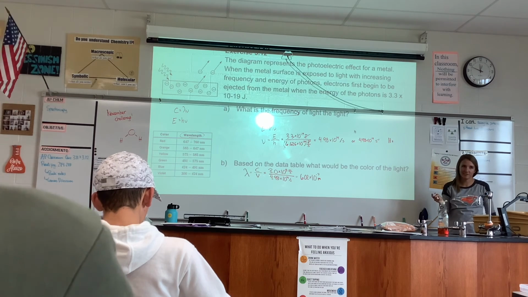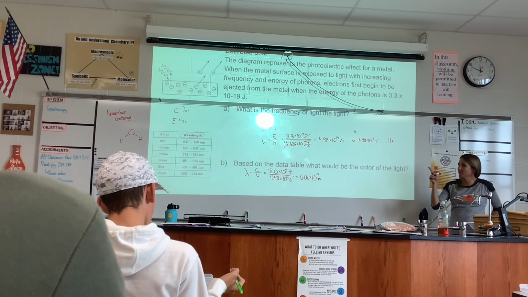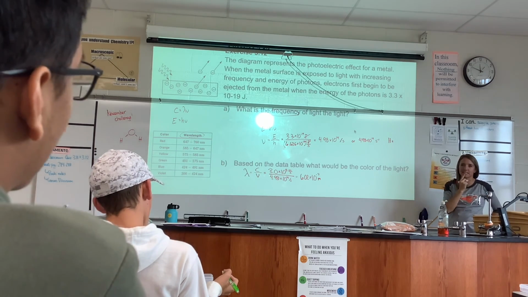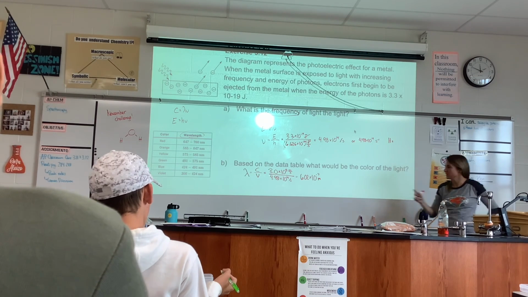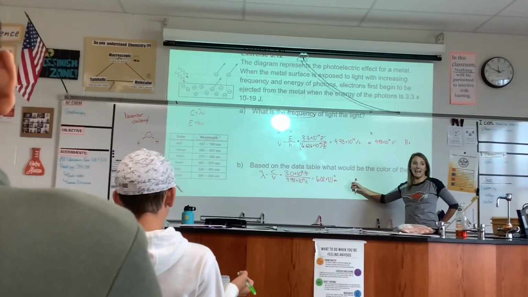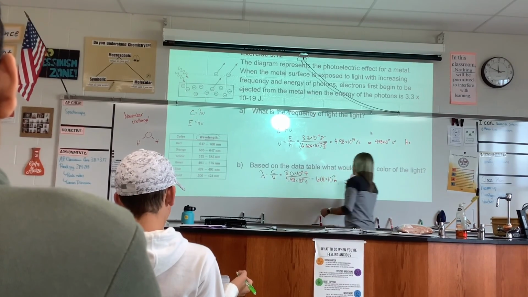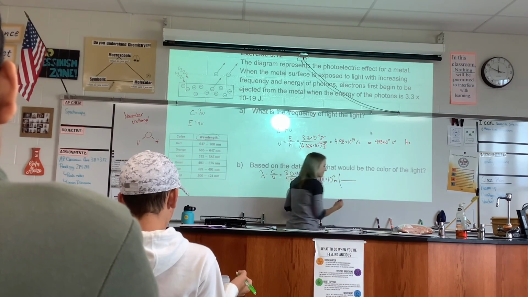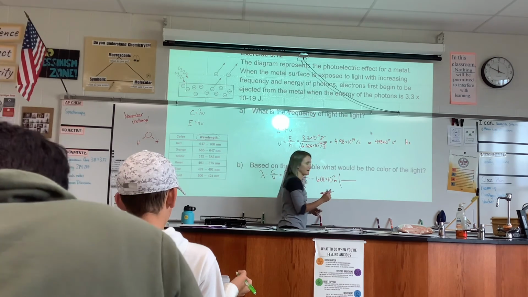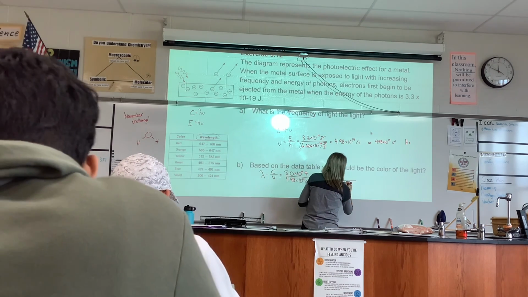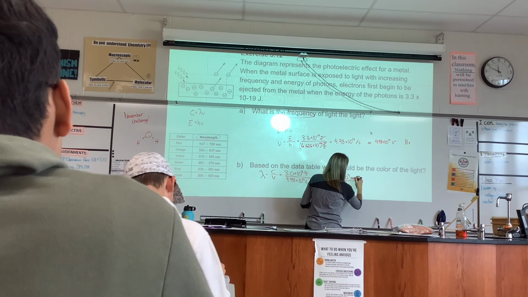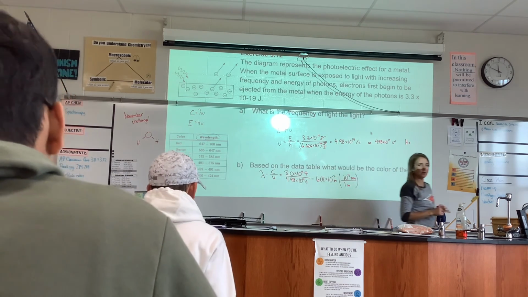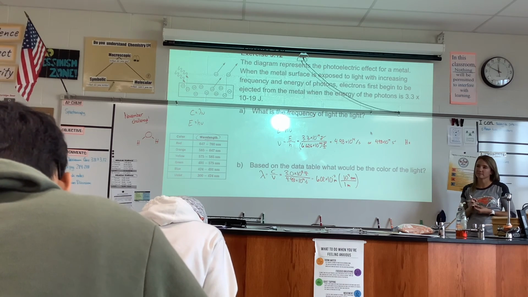final answer, because our table is not measured in meters, it's measured in a nanometer, which is nm. So we need to convert meters into nanometers. Does anyone know the difference? So there's 10 to the 9 nanometers in 1 meter.